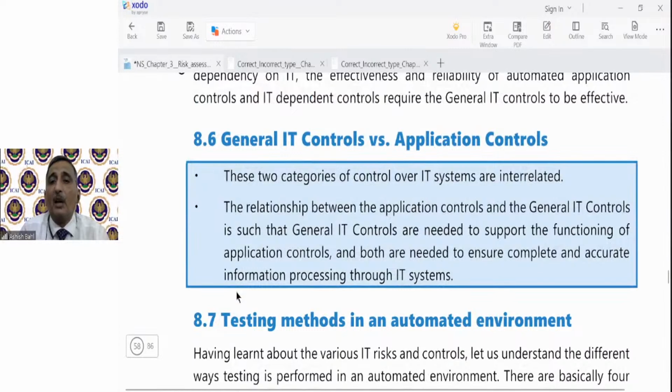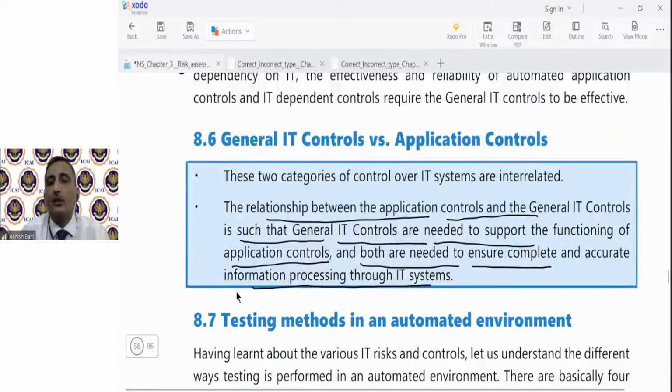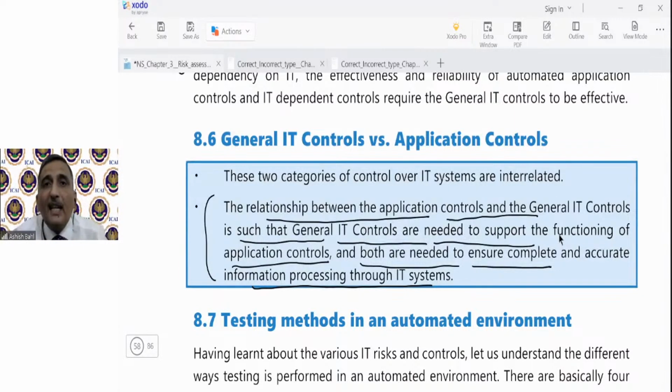The relationship between application controls and general IT controls is such that general IT controls are needed to support the application controls, and both are needed to ensure complete information processing through IT systems. Application controls, students, at the application level, cannot operate without general IT controls. For an application to work properly, you need general IT controls too. You need your data center to be working properly, and if any change is happening in a program, it should work properly, because these affect all the applications operating in the company, including the application whose controls we are considering.